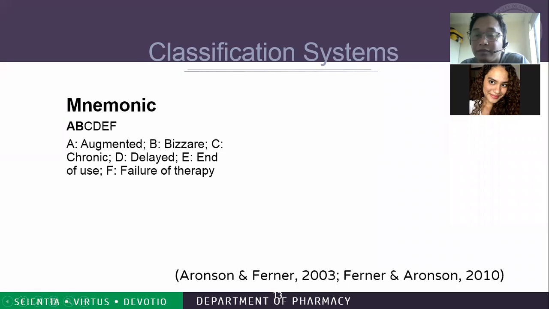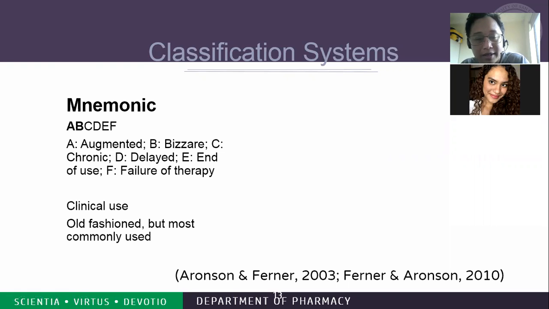A is augmented, B bizarre, C chronic, D delayed, and so on. It is very useful for clinical purposes, and it is old-fashioned but most commonly used. So we have type A. Type A is usually the dose-dependent reaction, while B is not dose-dependent, or independent of the dose. But we will see through after this slide.